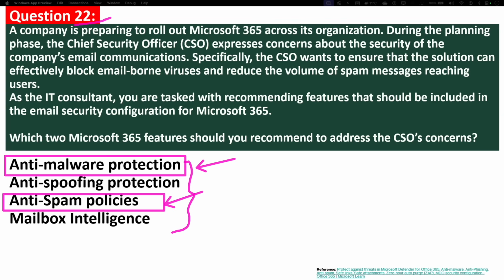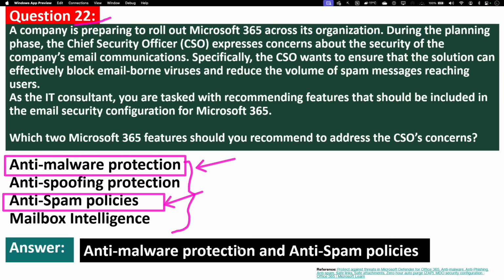In Microsoft 365, anti-spam policies are part of Microsoft Defender for Office 365. They analyze incoming emails for suspicious content, sender reputation, and attachments, and then take actions like moving them to the junk folder or blocking them entirely.